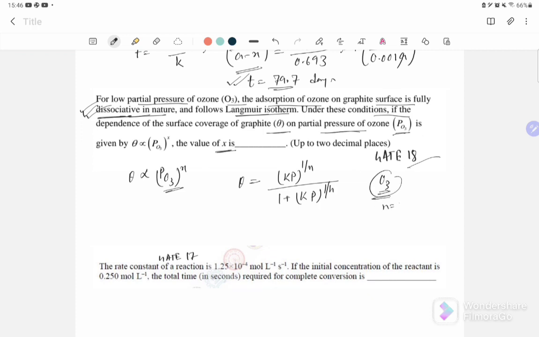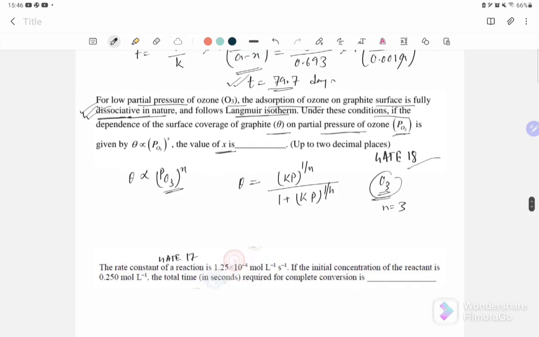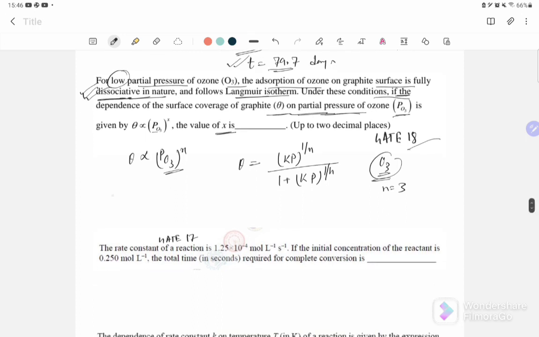So here n will be 3. The dependence of surface coverage is on partial pressure, and low partial pressure is given.